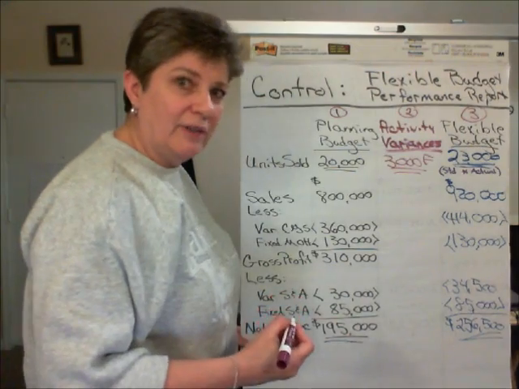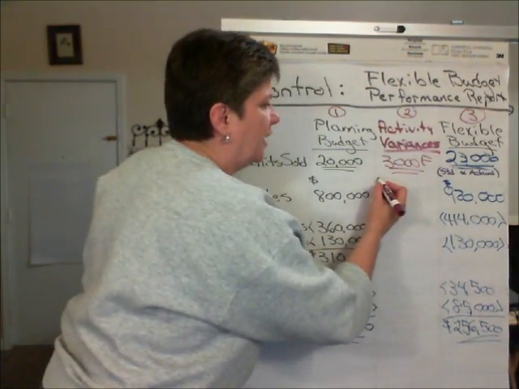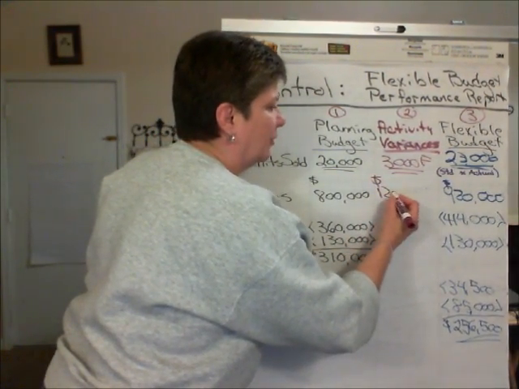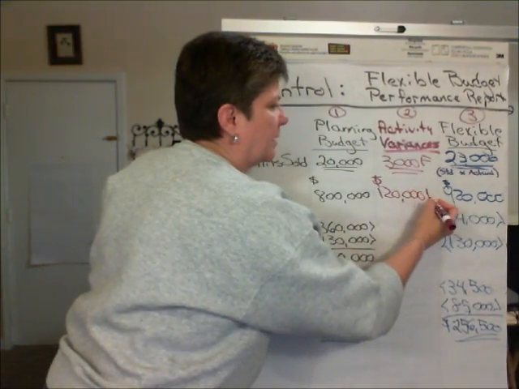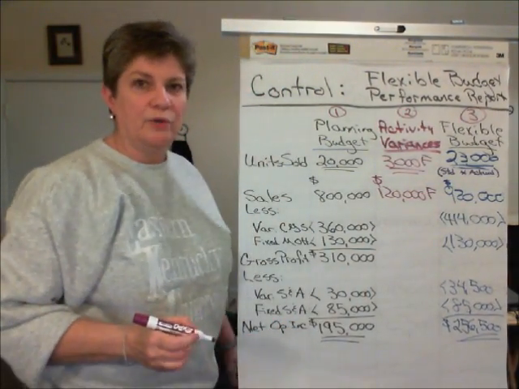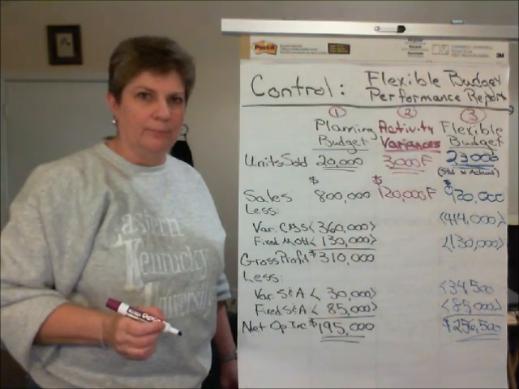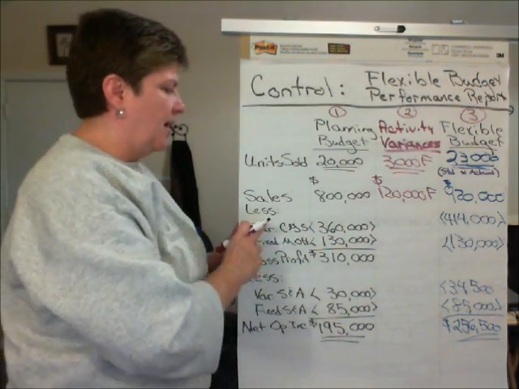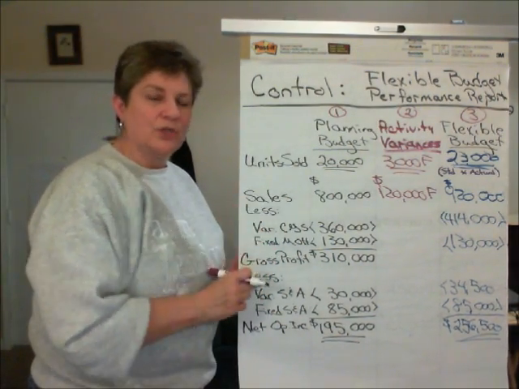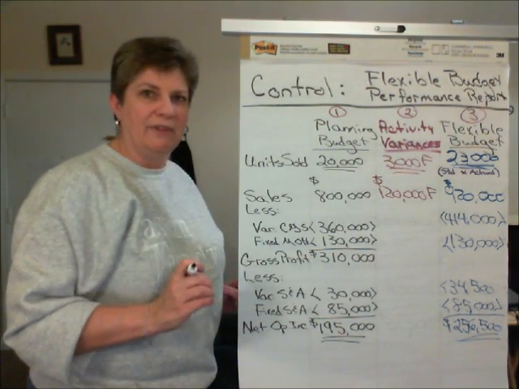So the activity revenue variance is 120,000 favorable.